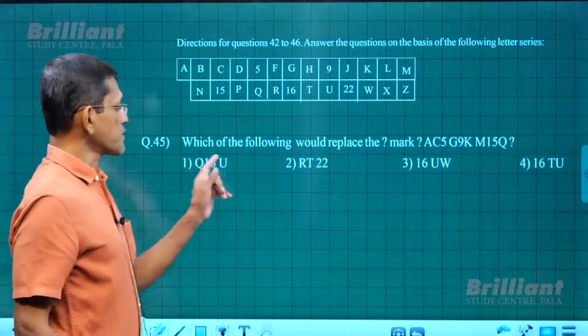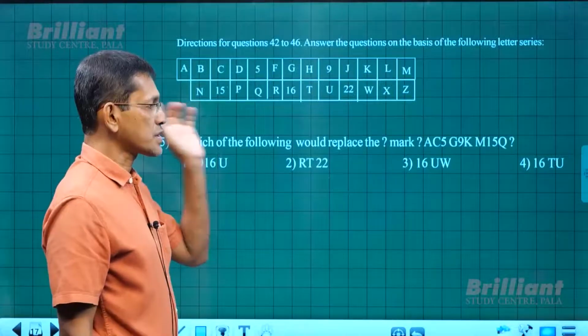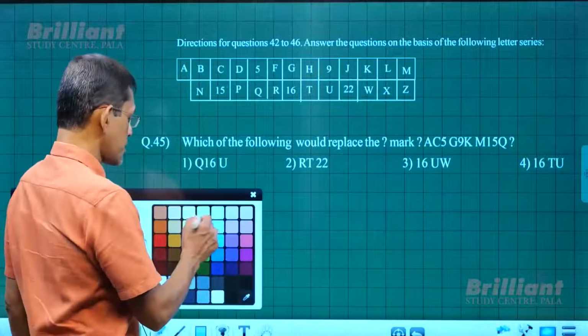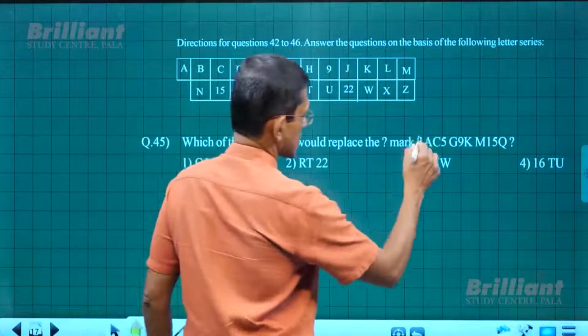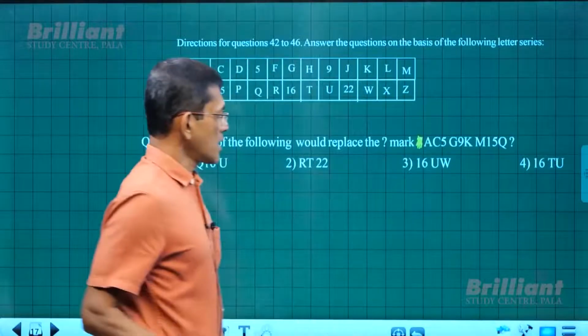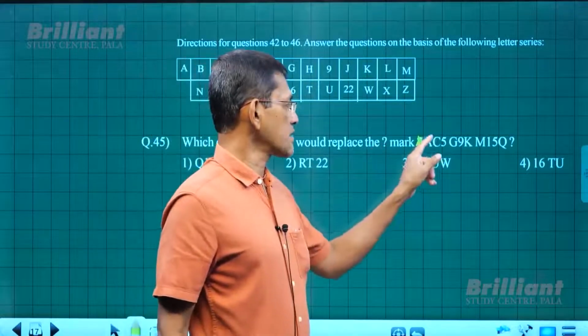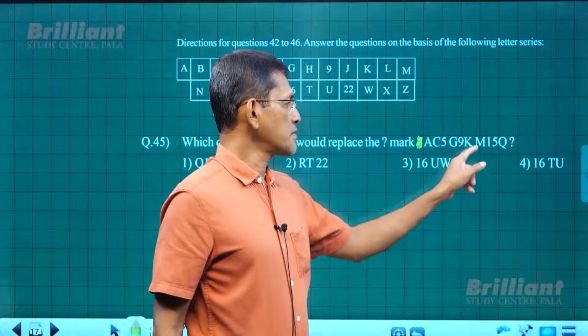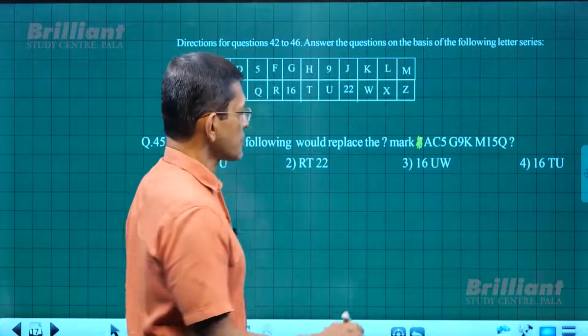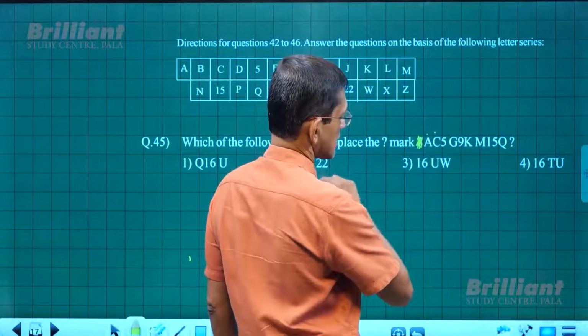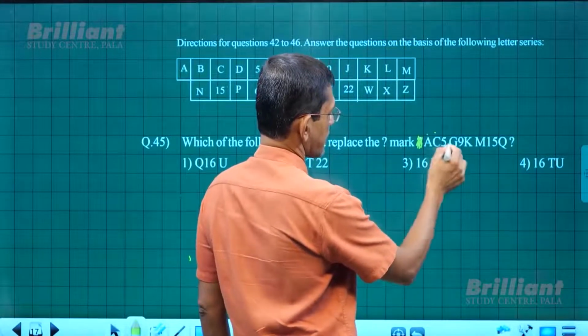Now, which of the following would replace the question mark? This question mark is not supposed to be there; it is not required. Which of the following would replace the question mark in AC5, G9K, M15Q, etc.? If you look at this, A, C, 5.